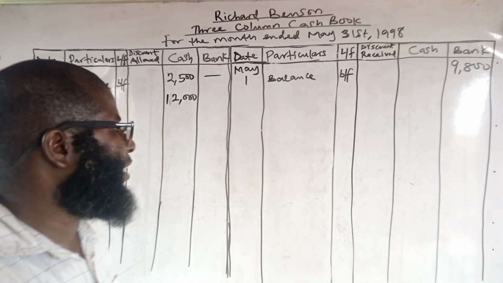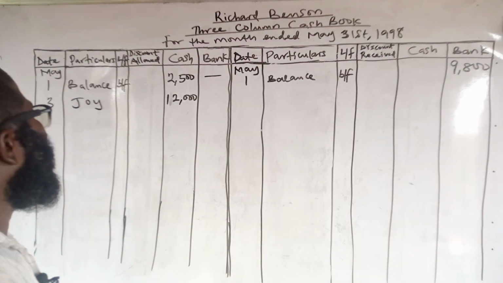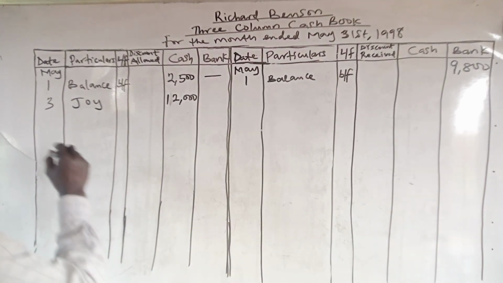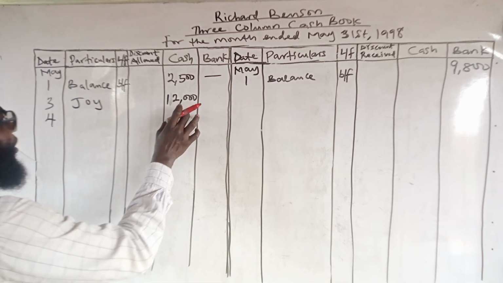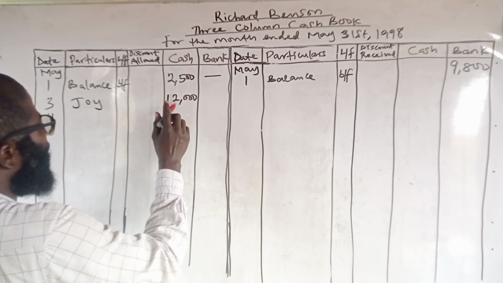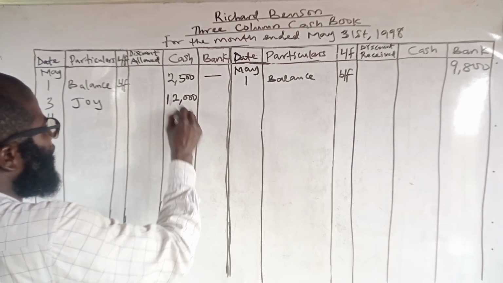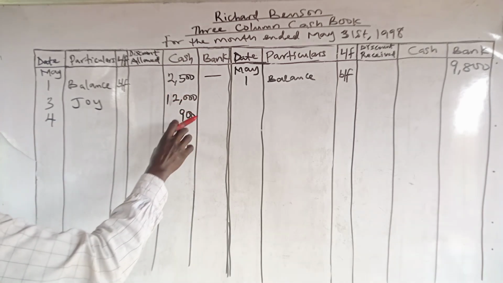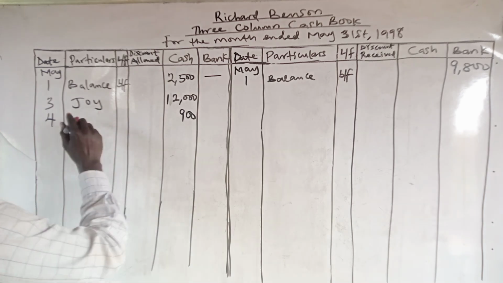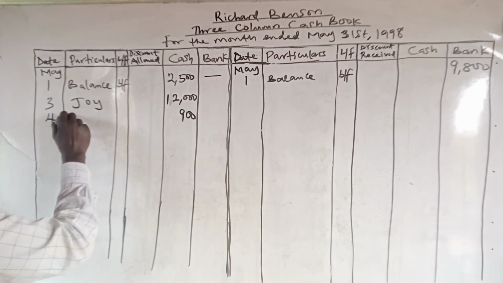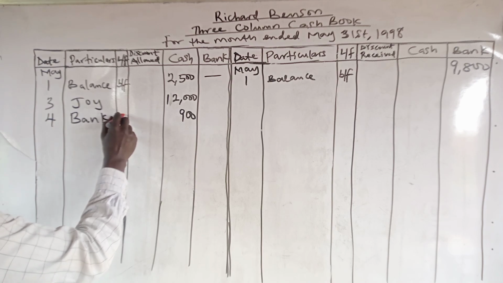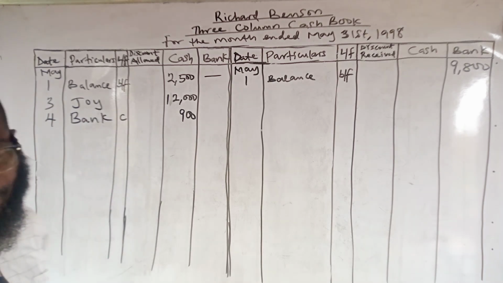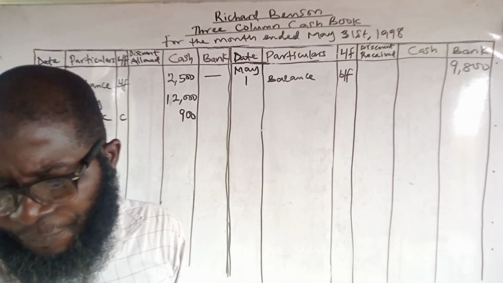This simply means that the cash account in the office received the money. You come here on the 4th, then you come to the cash column. You write 900 naira there because the cash account is receiving the money. Therefore, in the narration here, you put bank. Then on the ledger folio, you put C to indicate it is a contra entry.